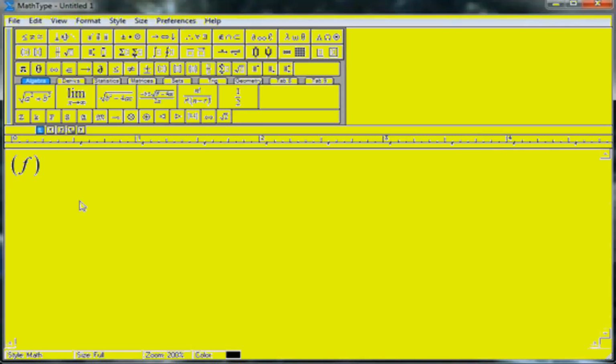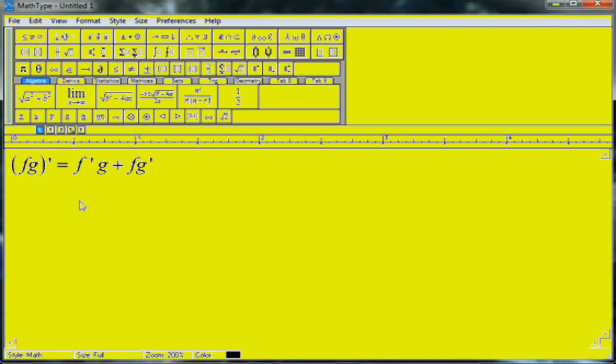I'm gonna drop the of x. All these functions are functions of x, so I'm just gonna write (fg)' equals f'g plus fg', and that's the product rule for differentiation.